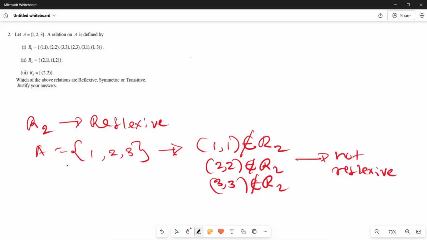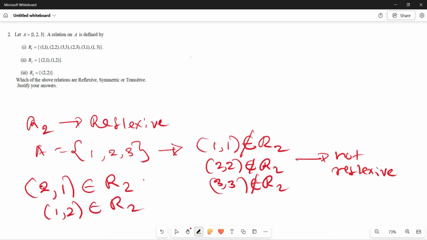And you can check whether it is symmetric or not. To check symmetric, 2 comma 1 belongs to R2, then you want to check whether 1 comma 2 also belongs to R2. Yes, because 2 comma 1 is available in R2, 1 comma 2 also belongs to R2. You want to check the other side also.